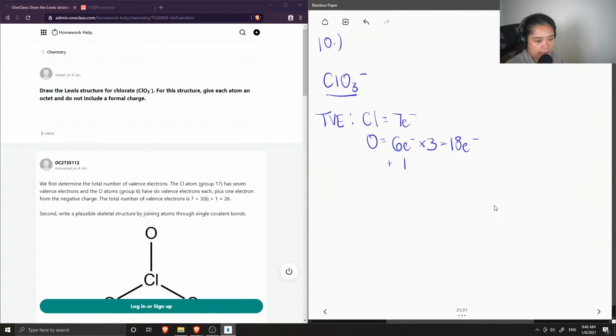And we also have an extra electron, and this is from the negative charge of the entire ion. So if we add this all up, we have a total of 26 valence electrons. So now let's draw the chlorine as our central atom, and we'll draw the 3 oxygens around it. And now let's draw in all of the electrons.